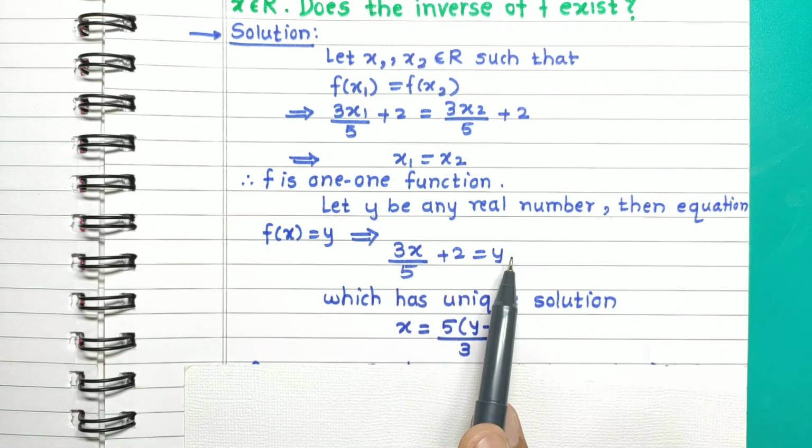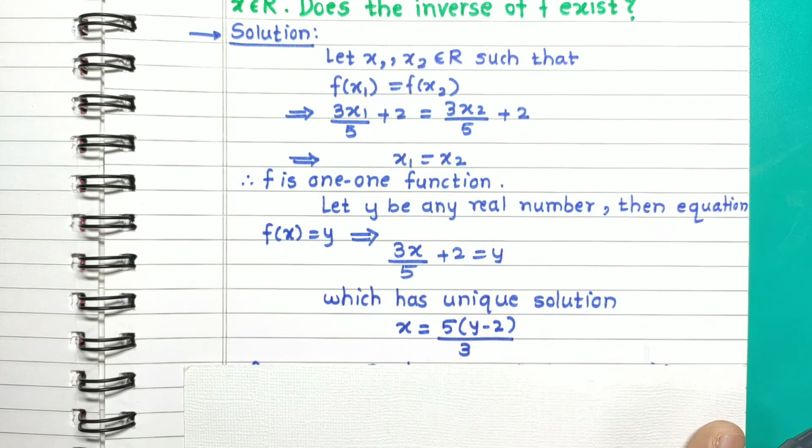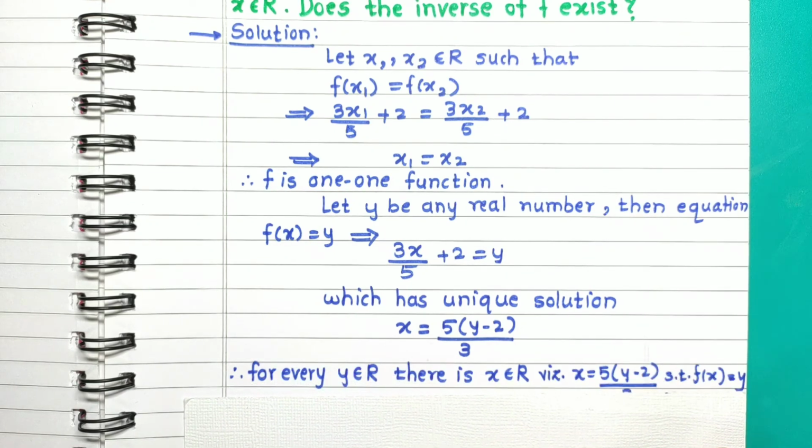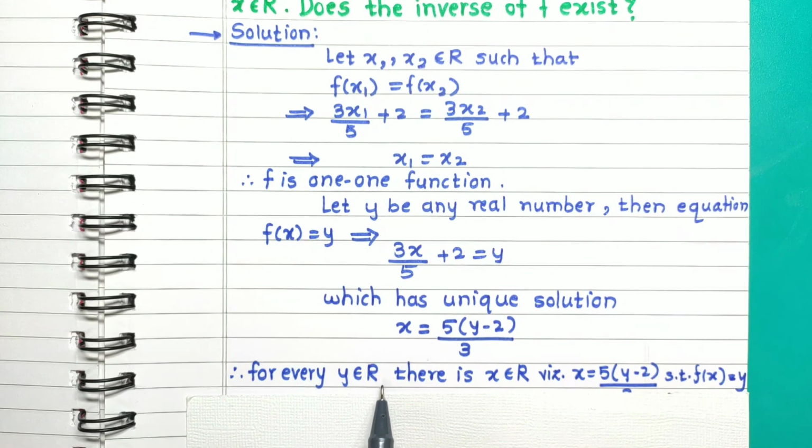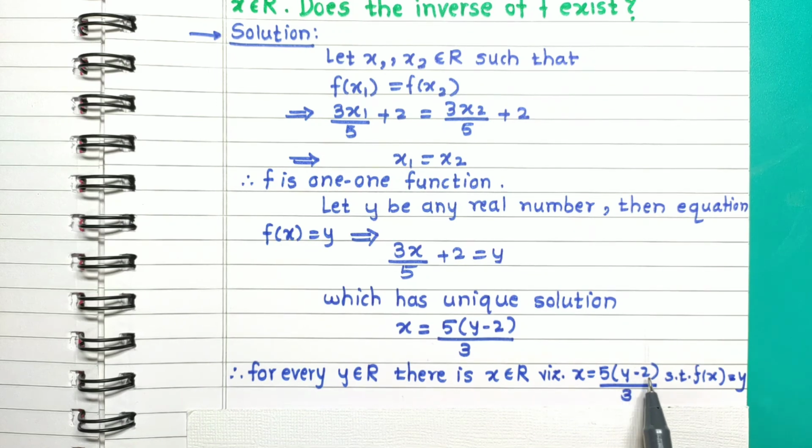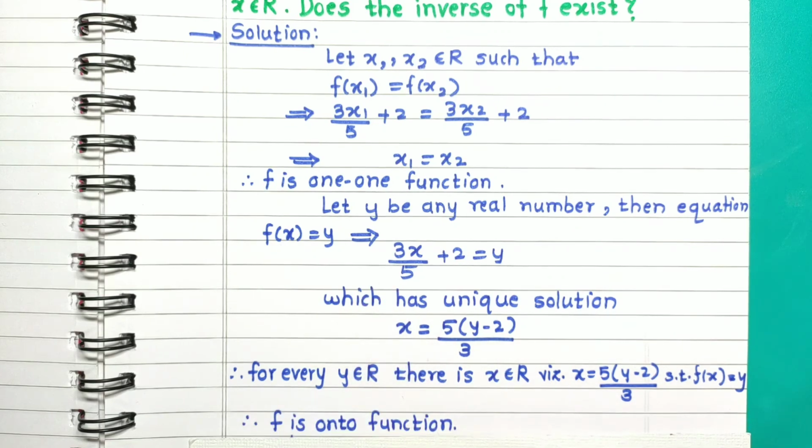By shifting the terms, we have this x. So for every y belonging to R, there is x belonging to R, namely x is equal to 5 into y minus 2 by 3, such that f of x is equal to y. So we have function f is an onto function.